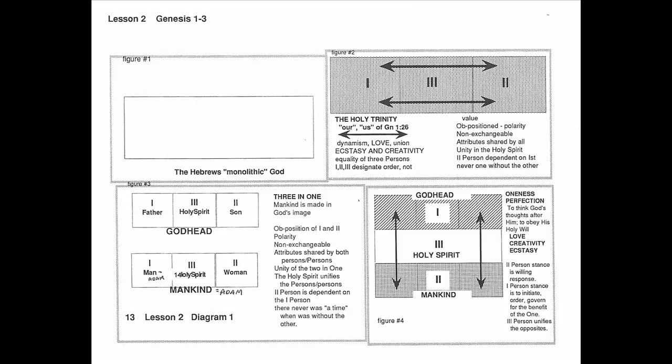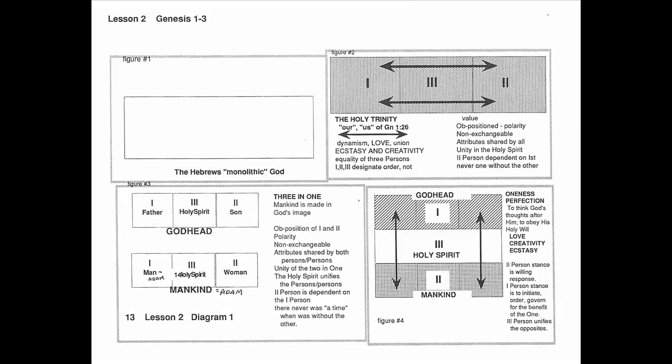And with that, we draw a new rectangle divided into three parts. A first part to the left, a second part to the far right, and in the center, a third part. Why this configuration? Well, the first and second persons, Father and Son, it is revealed in Scriptures, are united in the Holy Spirit.